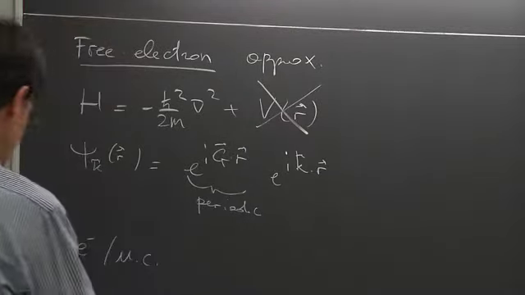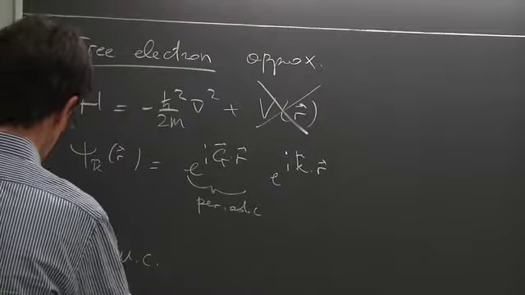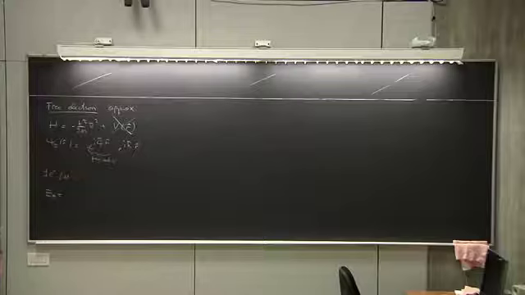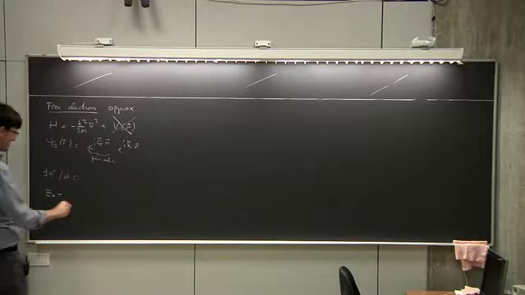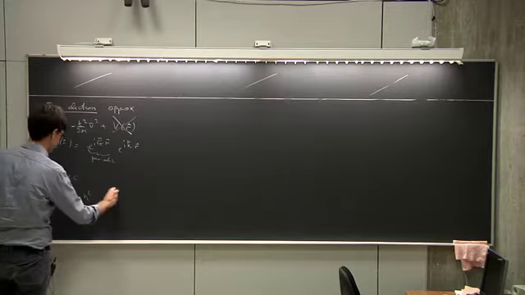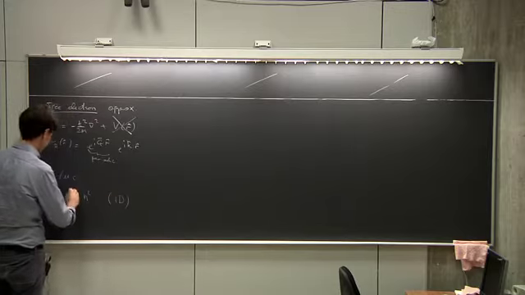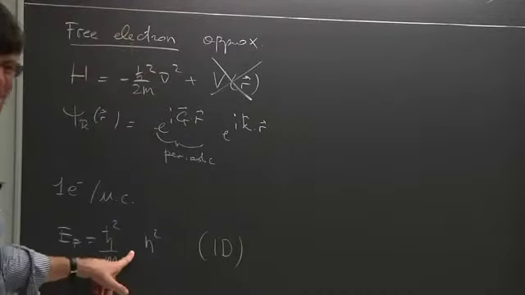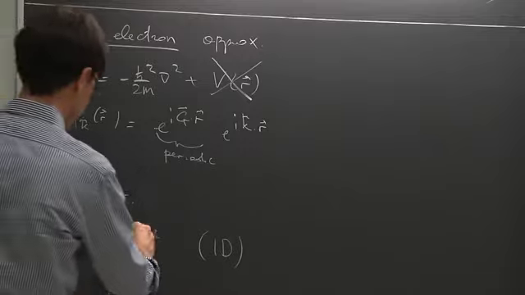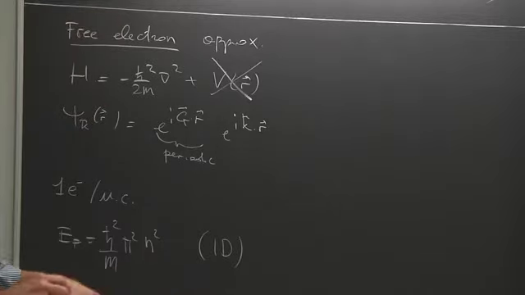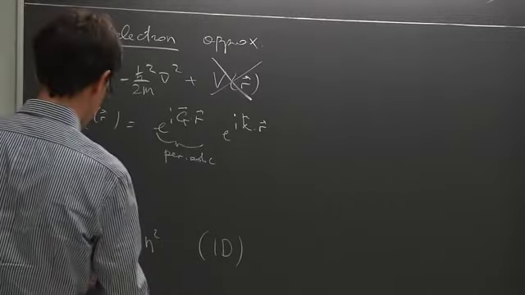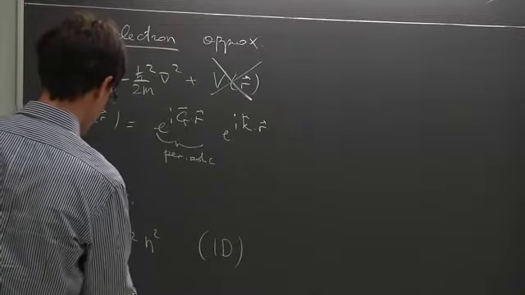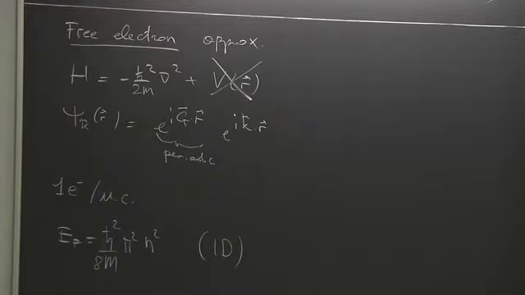Actually, let me write them here. I need you to tell me because I can't remember. It's certainly n squared here for 1 dimension, but there's certainly an h squared over m here. Is it a pi? Pi squared. 8. Good, thank you.